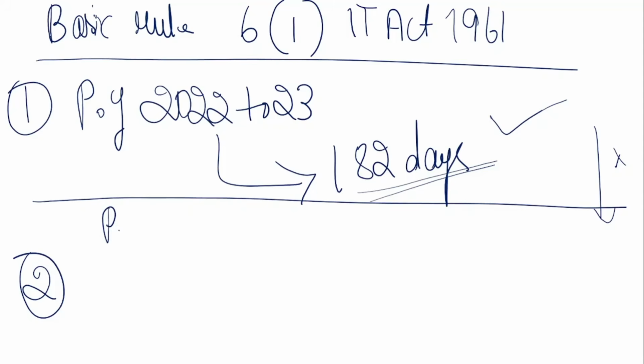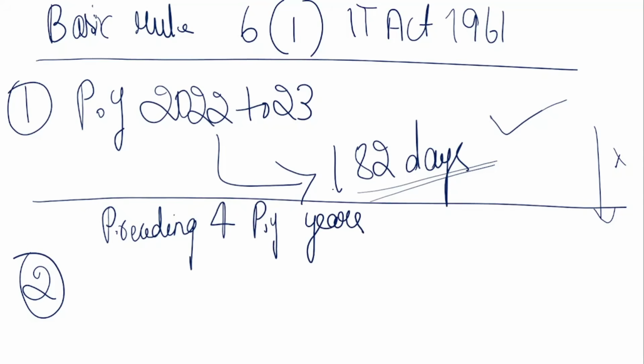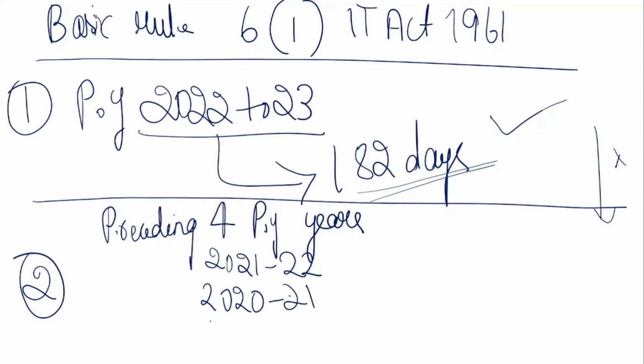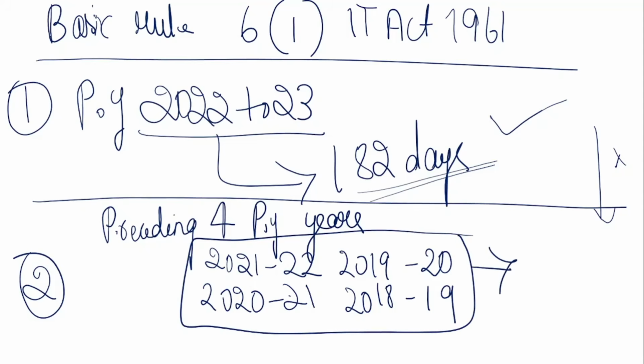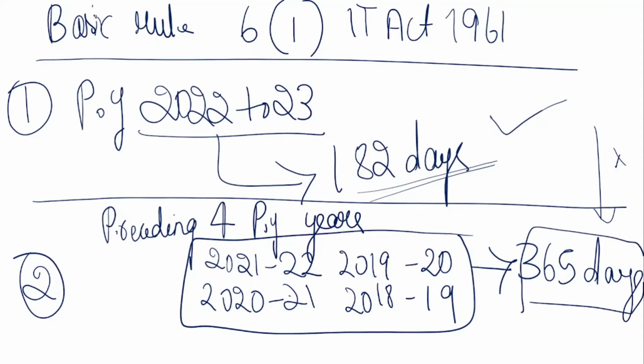Rule number 2 says that in the preceding 4 previous years, so our previous year is 2022 to 23, we have to start from 2021 to 2022, 2020 to 2021, 2019 to 2020, 2018 to 2019. In these 4 years, the person should have stayed 365 days.